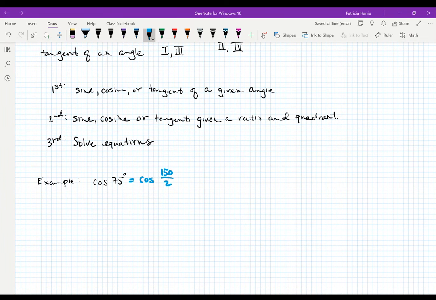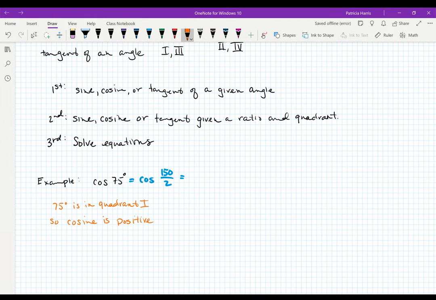So 150 degrees divided by 2. Now we're going to look at where our angle is, 75 degrees is in quadrant 1. So cosine is positive.